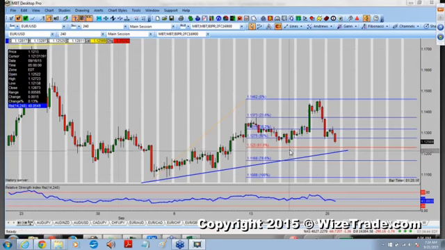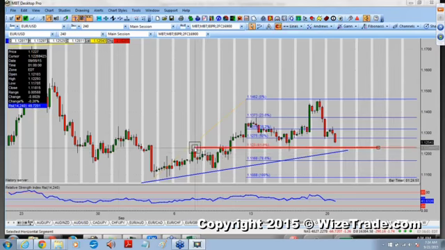We got a spike low just below that at 112.13. You can see all of this previous resistance right through here. That all will matter, okay?